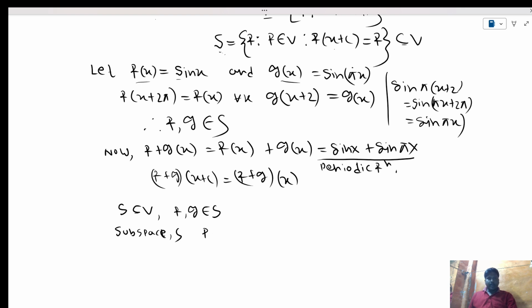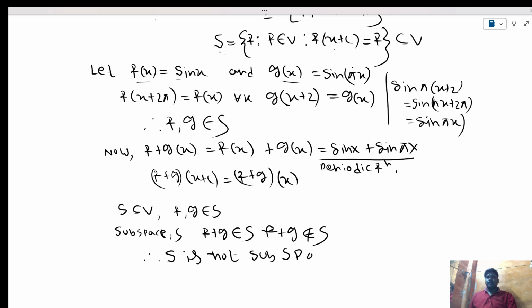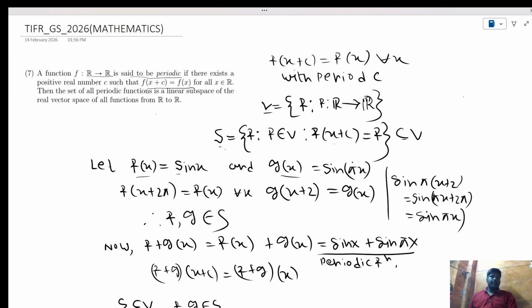That means one of the criteria is that f plus g should belong to S. But here we see that f plus g doesn't belong to S. So therefore, S is not a subspace of V.